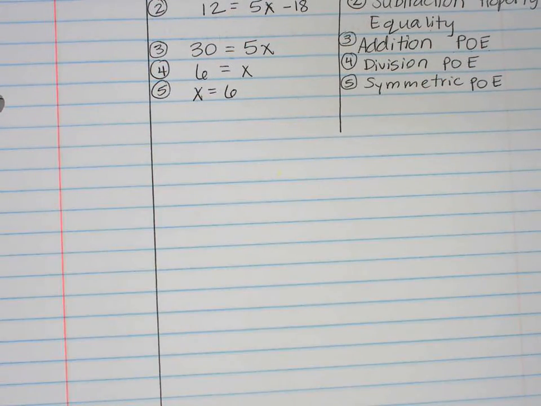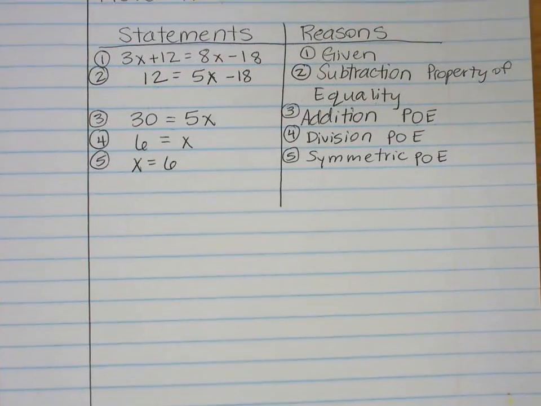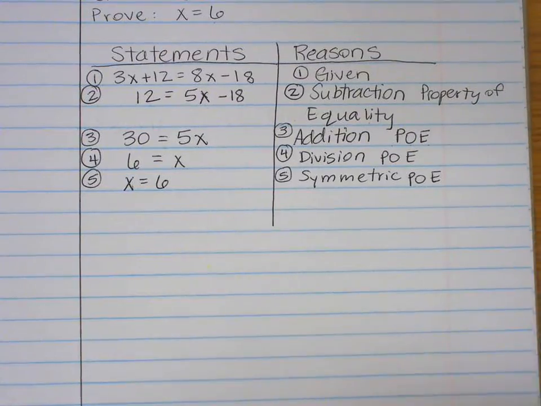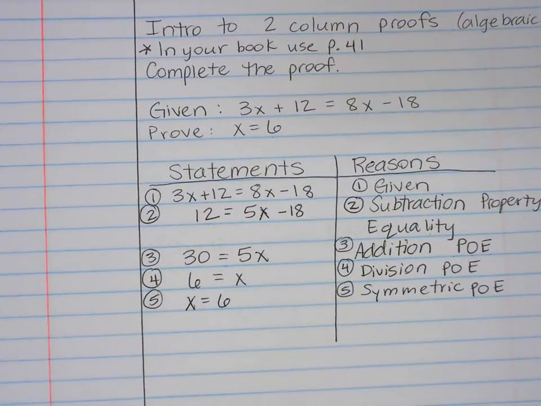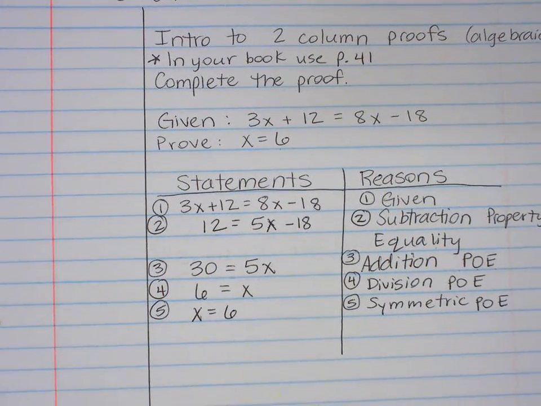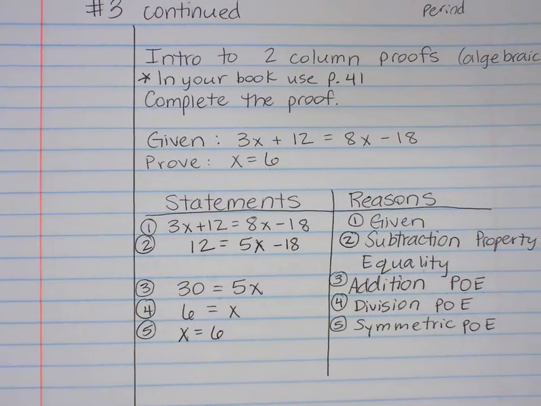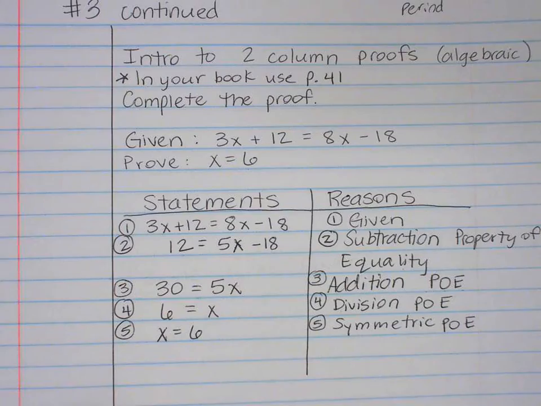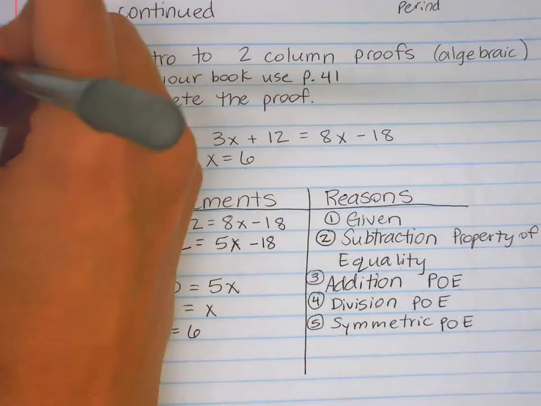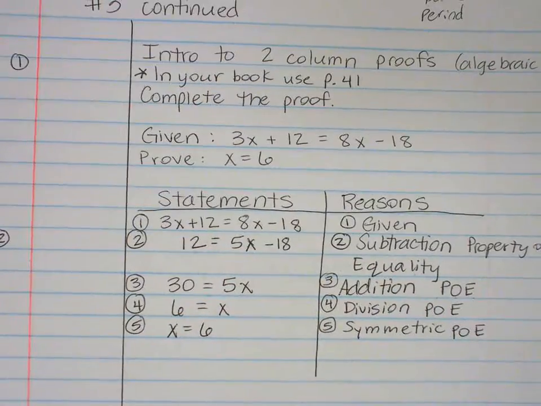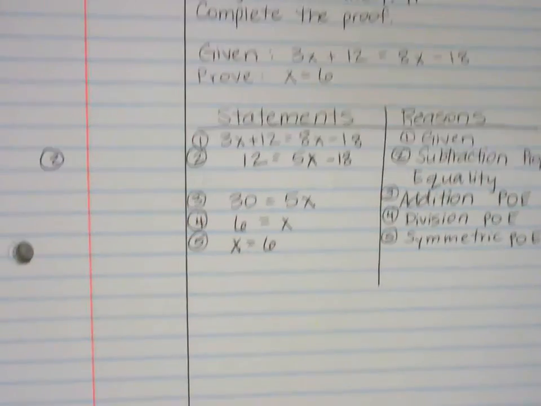So if your notes are finished, that's great. If not, go back to whatever part you missed. Remember, you do need to have questions on the side. So the way my notes look, I would want one question here and a second question here. It's not a full page though, so I don't need to have a third question.